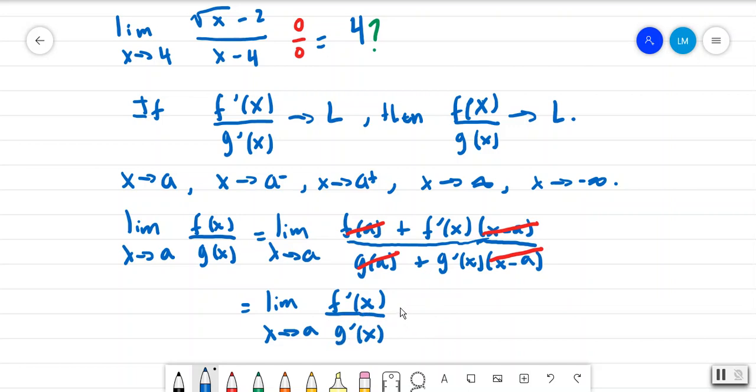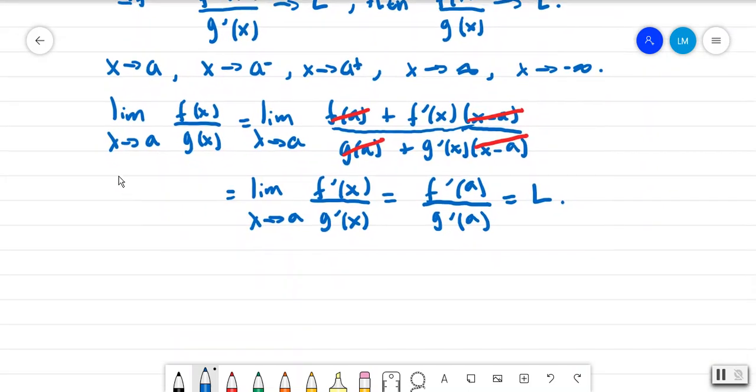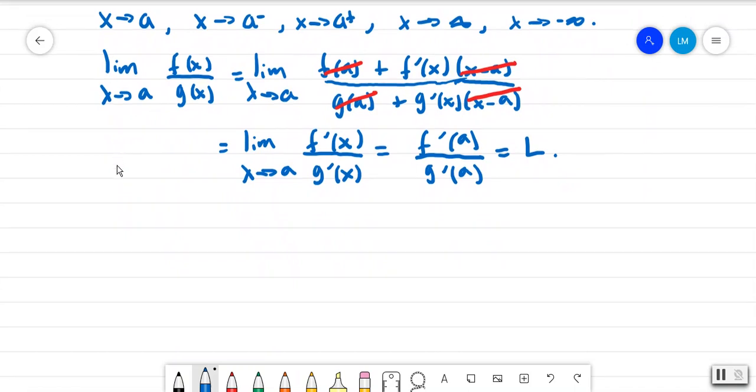So in this case, this equals f prime of a divided by g prime of a, which typically we might say equals some value L. So all we need to do is apply L'Hopital's rule, which means just take the derivative of the numerator and denominator as many times as needed.